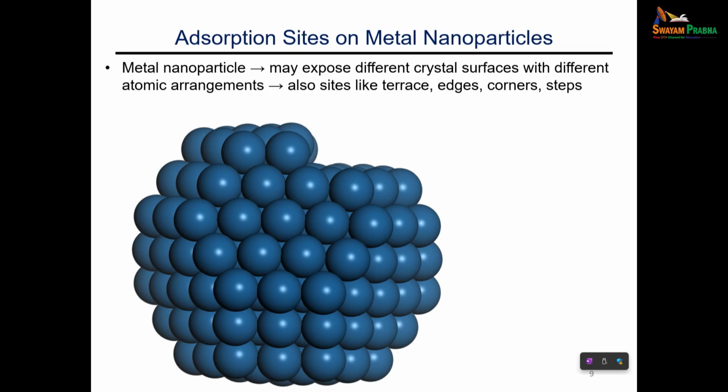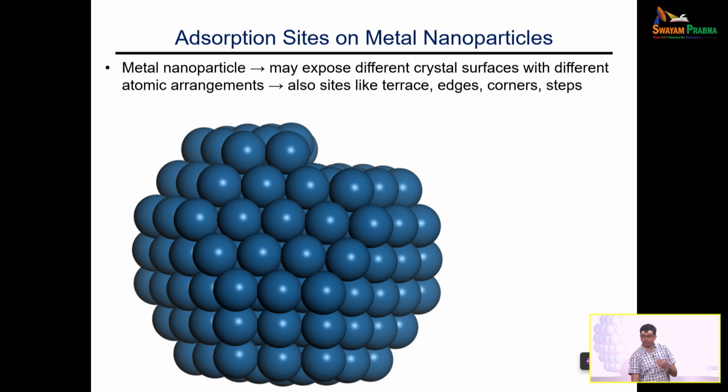Now, when you have actual nanoparticles, things can get a little more complex. Everything that we saw is already possible, but you also have a few more types of sites. If you have a nanoparticle of this kind, it may not be very obvious, but I hope you will be able to see. If I have a plane like this, and another plane, the points in between those two planes are called edge atoms.